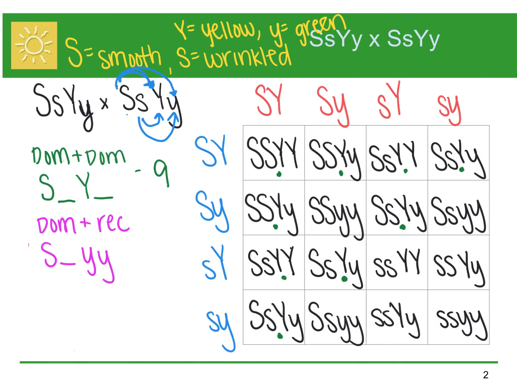Okay, so now we're looking at our boxes for at least 1 capital S and 2 lowercase y's. Again, I recommend putting a mark in the box so you can keep track of them. So here's 1, 2, 3, 4. Bottom right. Yeah. We're happy with 3? Yep. Okay.